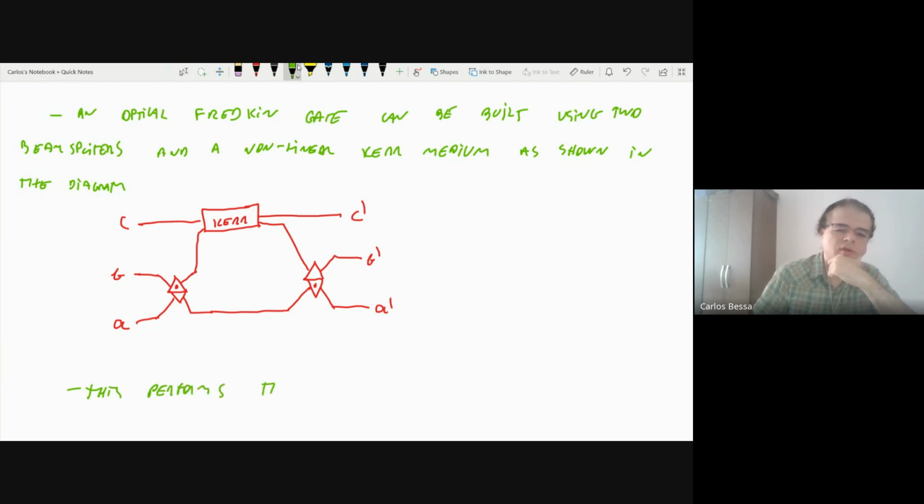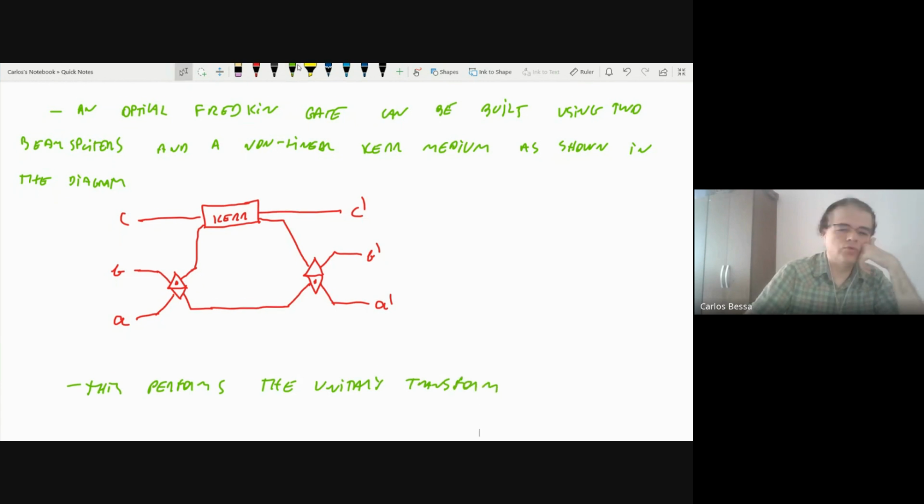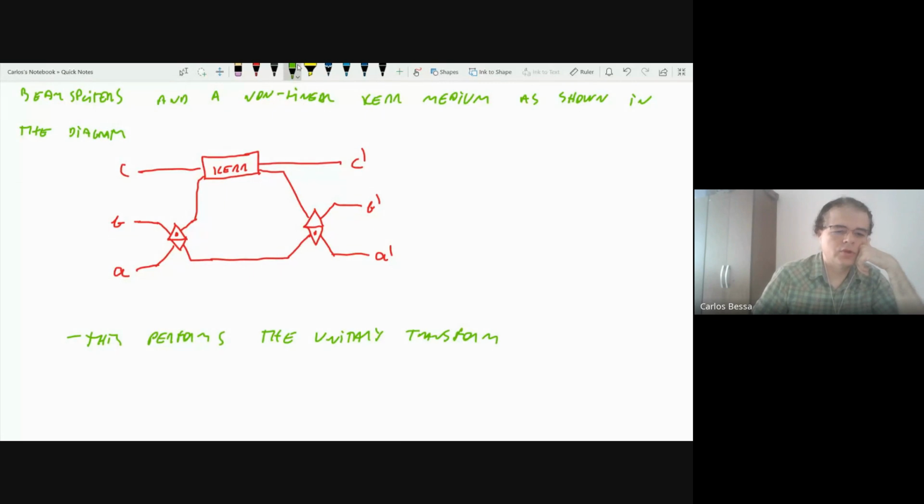So this performs the unitary transform with the operators that we already know. I'll call it U. U is the operation of B, the beam splitter, then the Kerr operation here, and here B dagger.